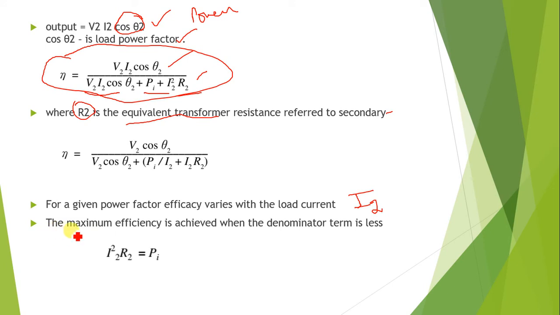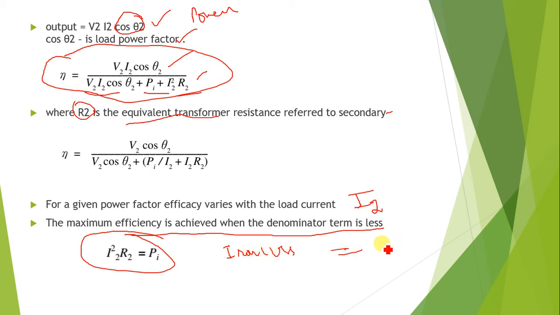The maximum efficiency will be achieved when the denominator term is least, that is when I2 square R2 is equal to Pi, where Pi is the iron loss.